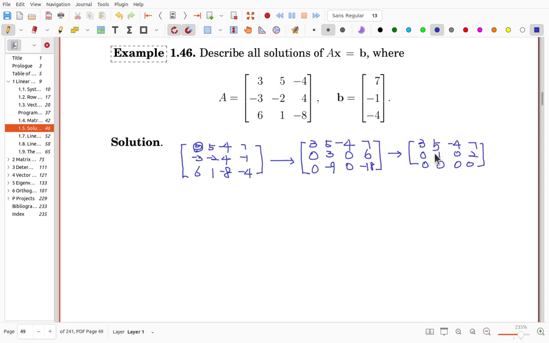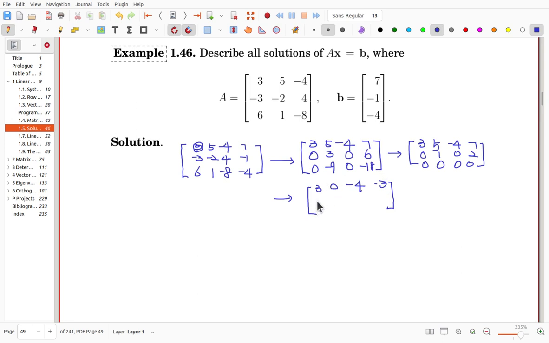Now, to get a reduced echelon form, we have to eliminate this entry and scale. First we eliminate by multiplying this row by 5 and subtracting. So the first row is 3, 0, minus 4, and 5 times subtracted will be minus 3.